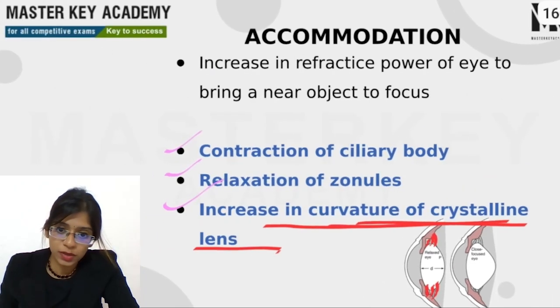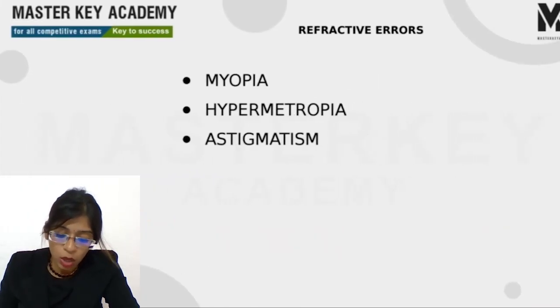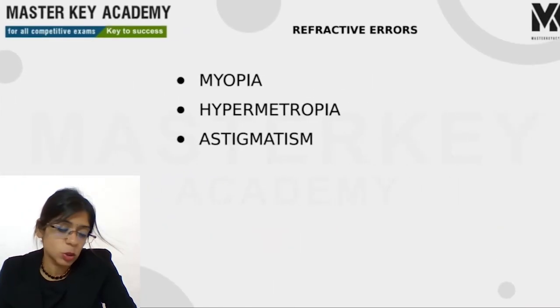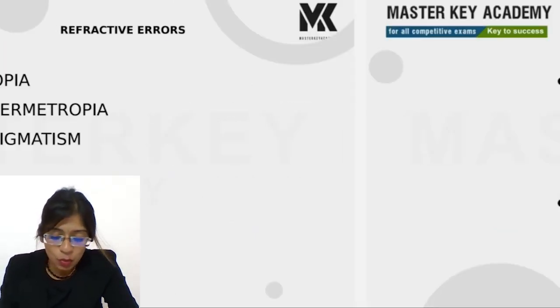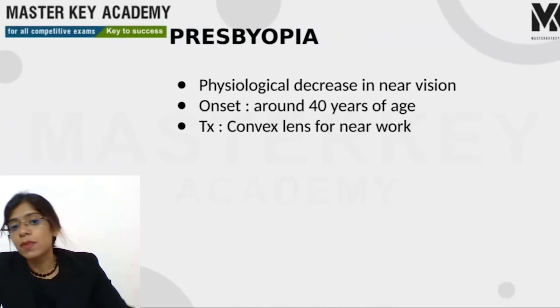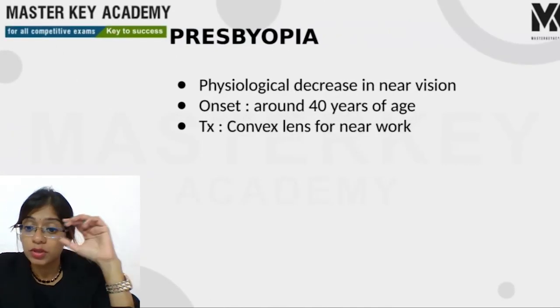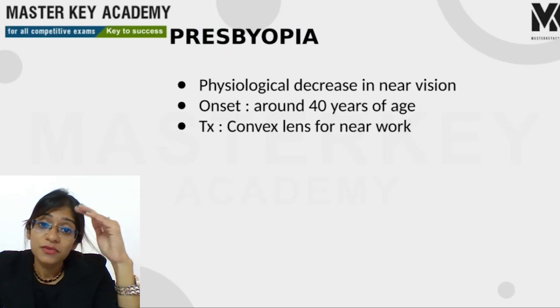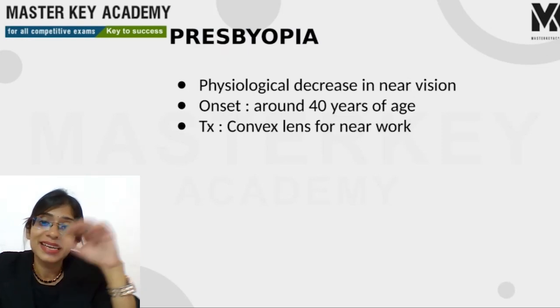So that is understood. These three points are important. Now, before we talk about the refractive errors, myopia, hypermetropia, astigmatism, I want to talk about presbyopia. It is a very important question. Presbyopia is a physiological decrease in near vision.